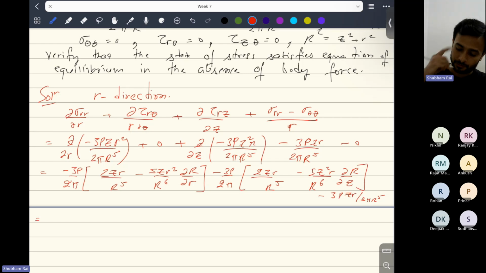Actually you can take minus 3p over 2 pi common from all the terms. So I'm just taking this to be the common term. Now I'm just combining all the terms. So here you will get 2z small r over capital R to the power 5.